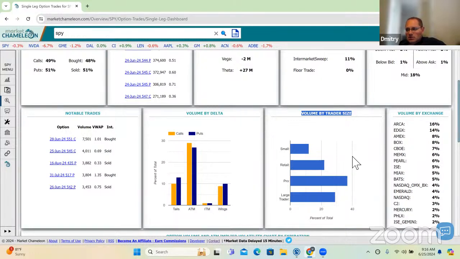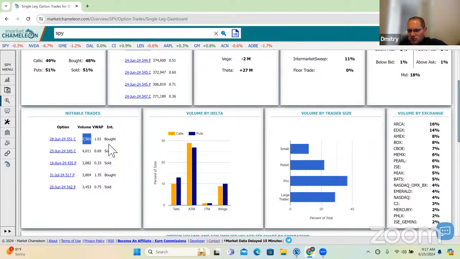It could be 10,000 contracts. Here's one trade, here's 7,500 contracts. That could be the whole thing. We want to see the breakdown to get an idea of how these orders are coming in. Are there more big players or small players? Is it distributed equally? To get a sense of the different players and the distribution of the order sizes coming into the market.